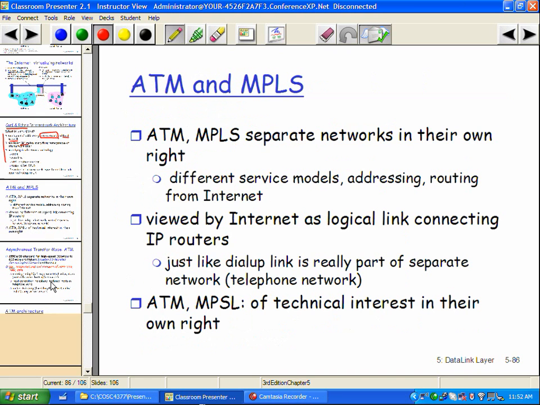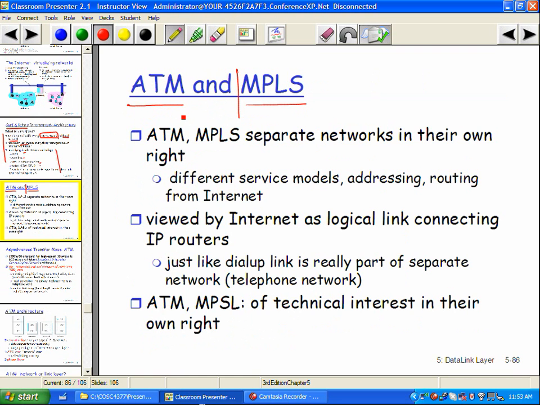So there are two particular networks that we'll look at today, not in a lot of detail, ATM and MPLS. They're both separate network technologies in their own right. But today, ATM, let's talk about MPLS later. ATM is, even though it's a whole technology, today used as a link layer technology in today's IP-based internet.